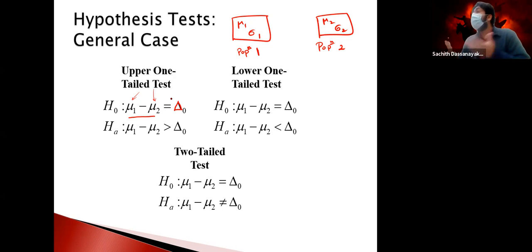It can be a negative value as well. It's a real value. In this 2 sample case, the null hypothesis is not necessarily equal to 0. It's always equals, but not necessarily 0. It can be any value.